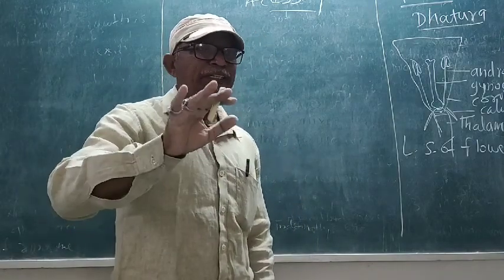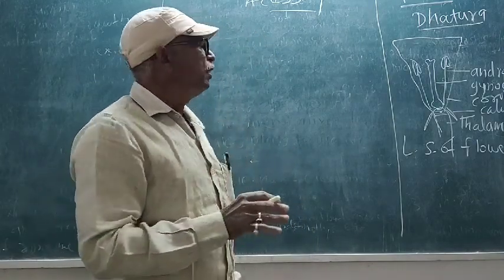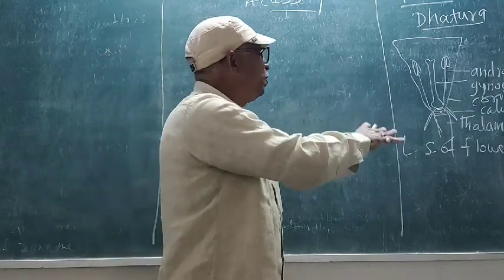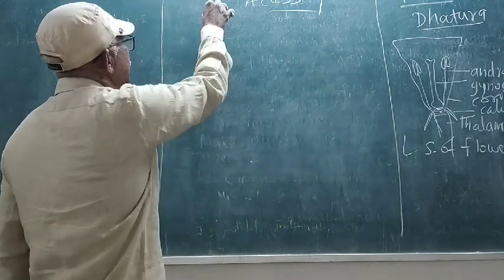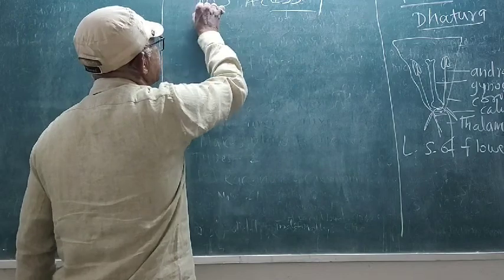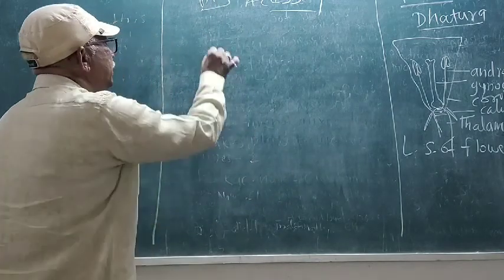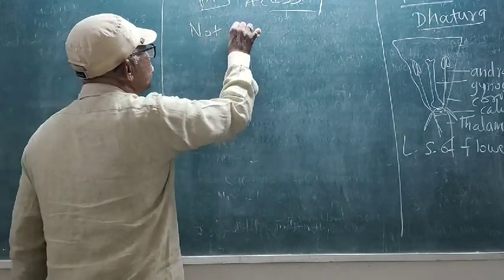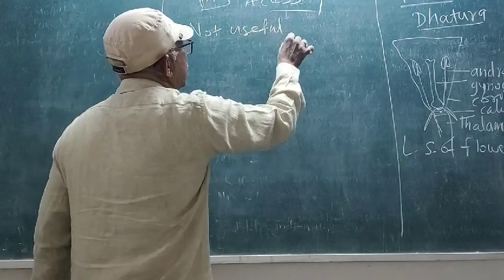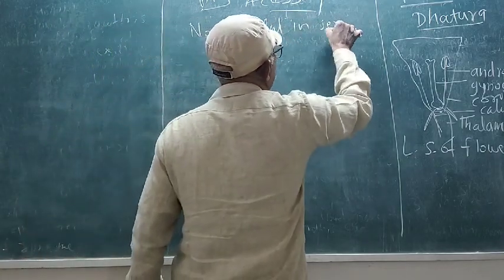According to their use in sexual reproduction, the classification of the floral parts is of two types. Number A is the accessory floral whorl. They are not useful in sexual reproduction.